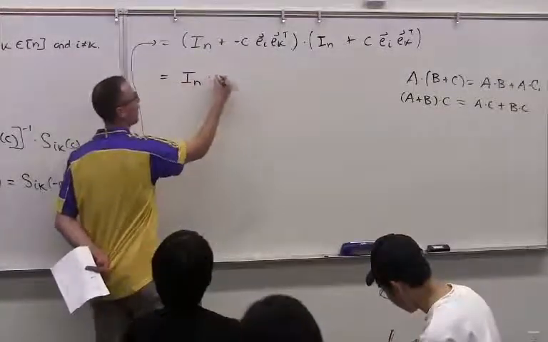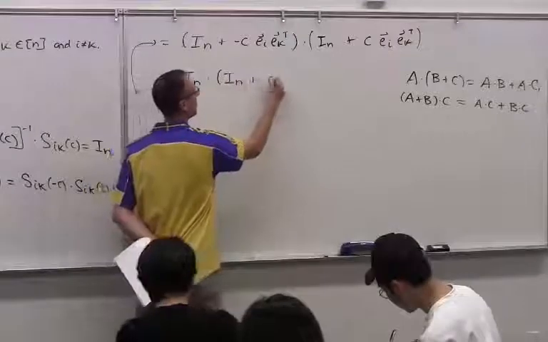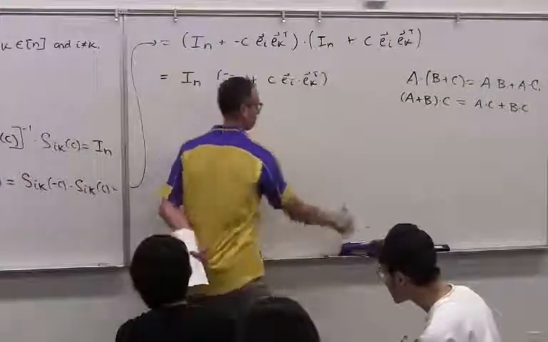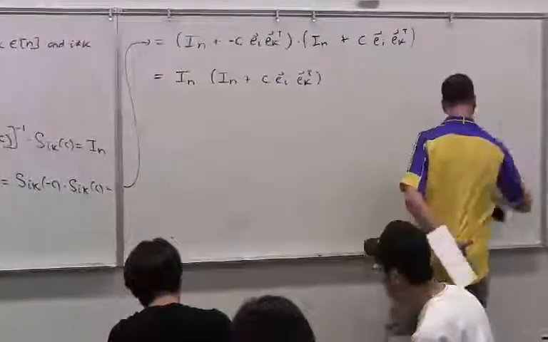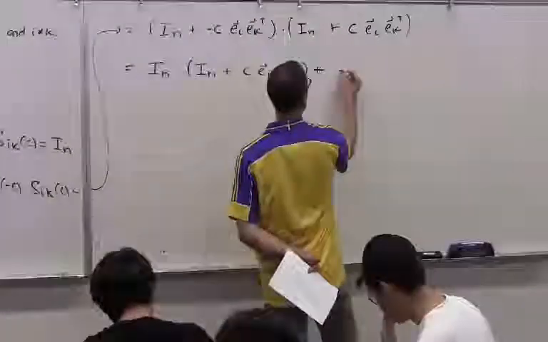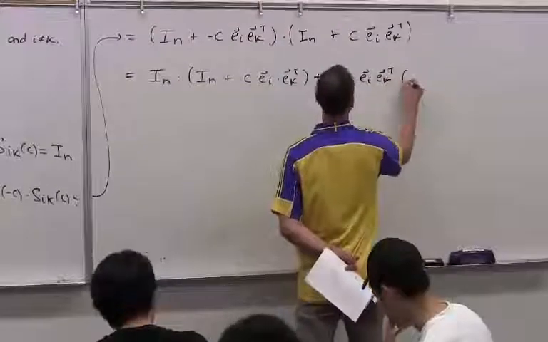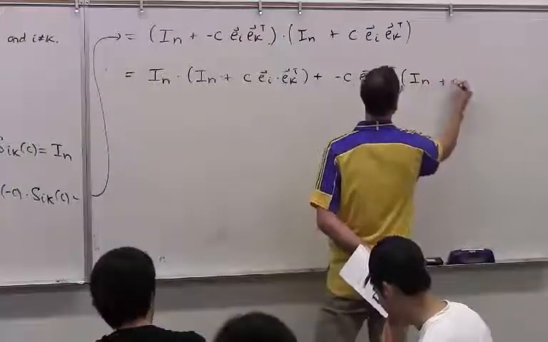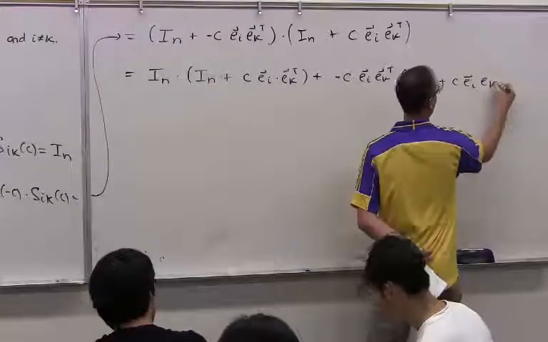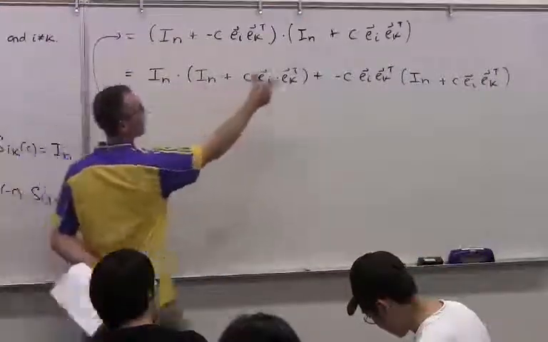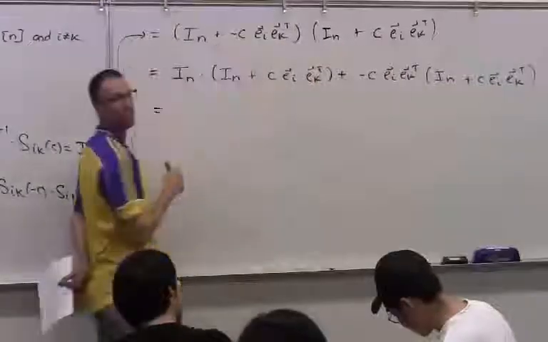Let's do I_N times I_N plus C e_i e_k transpose. And then the other one would be plus minus C times e_i e_k transpose outside of I_N plus C e_i e_k transpose. Okay, so that was called right distributivity because I literally brought this through that addition, right?